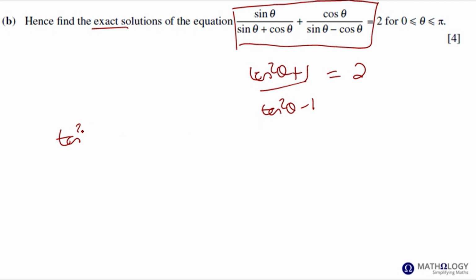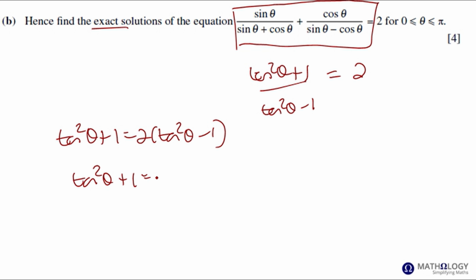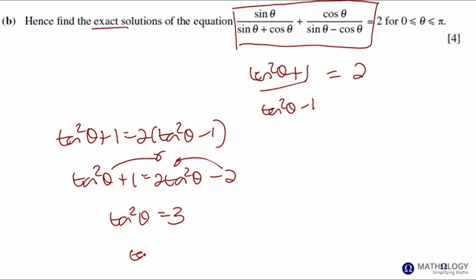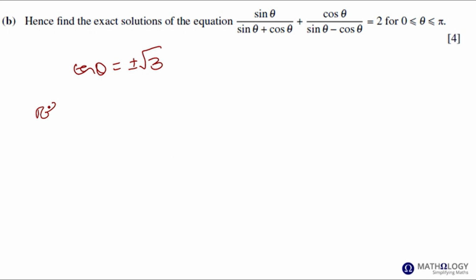So getting rid of the denominator, tan squared theta plus 1 equals 2 times tan squared theta minus 1. Square rooting both sides, tan theta equals plus or minus the square root of 3. Okay, the reference angle, if we were working in degrees, would give us theta is 60 degrees, but in radians, this would be pi by 3.